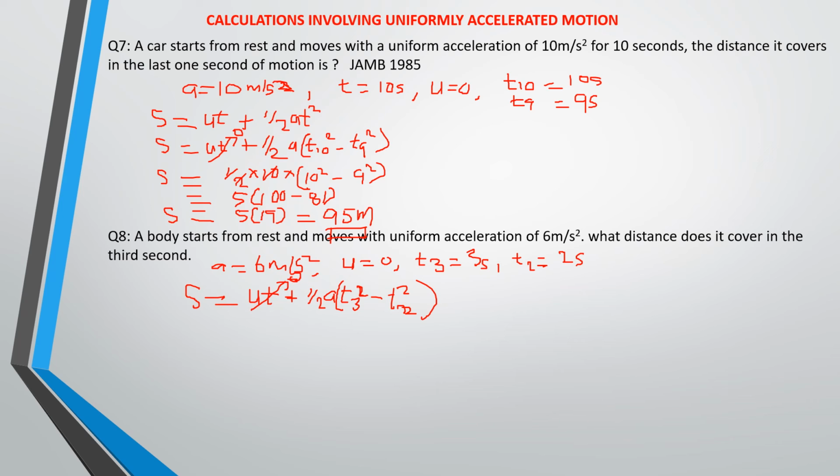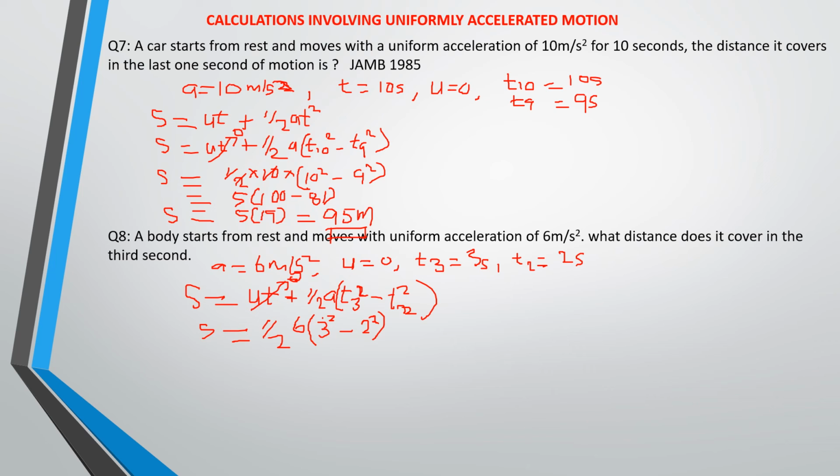So we now have S equals half, acceleration is equal to 6, so half times 6 times 3 squared, because that's the 3rd second, minus what? 2 squared, which is the 2nd second.